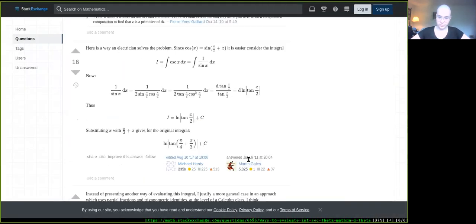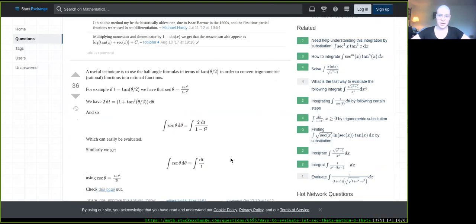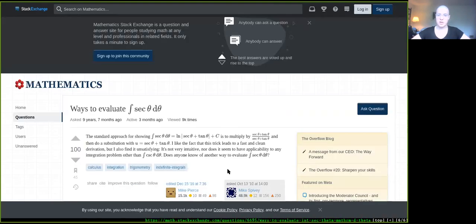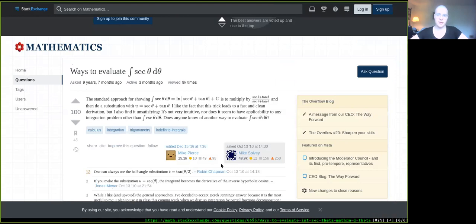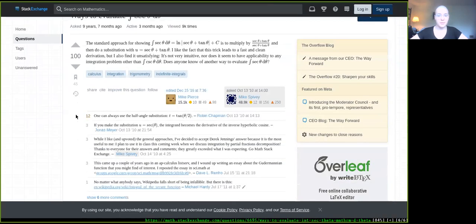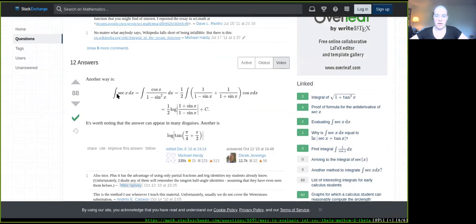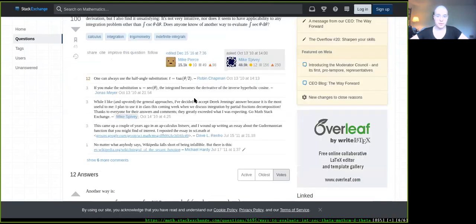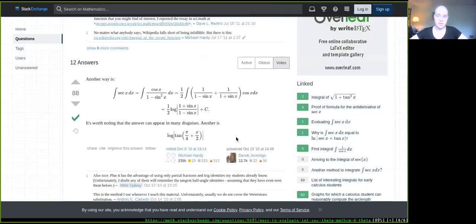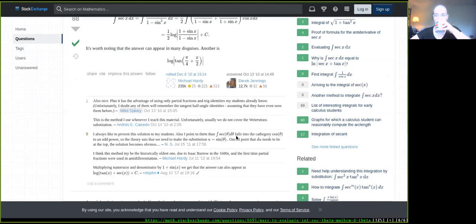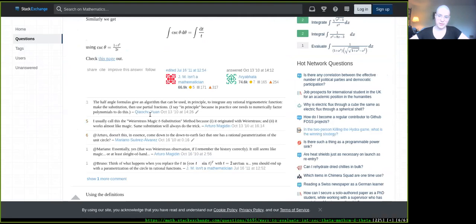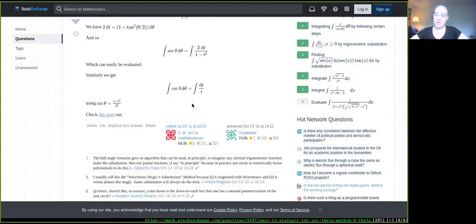Oh, so this is Stack Overflow, which is like the internet's help service almost. It's very popular. And it gives you several different ways to do the integral of secant.